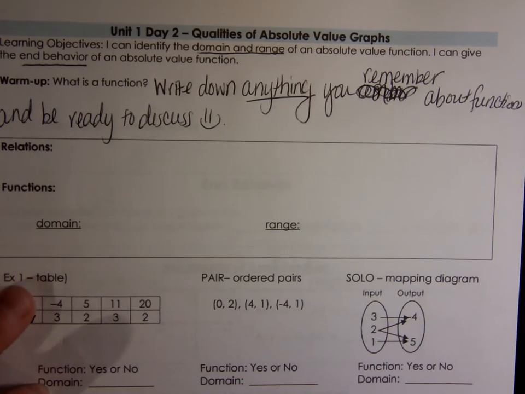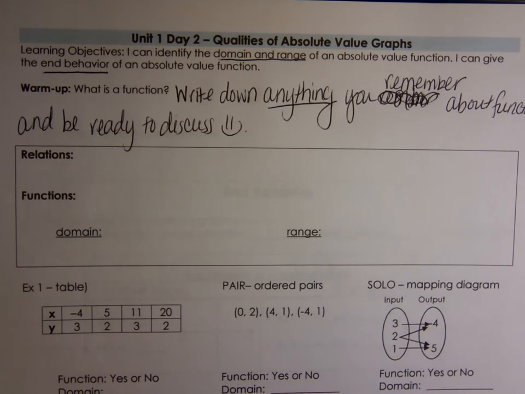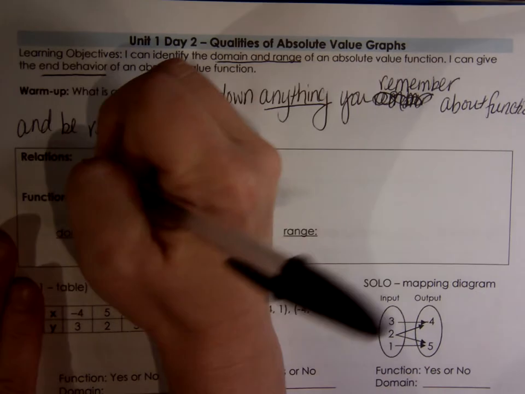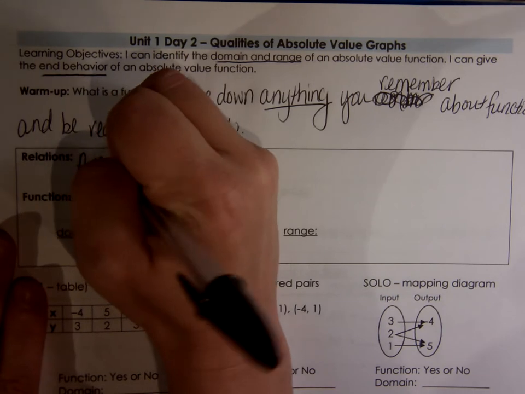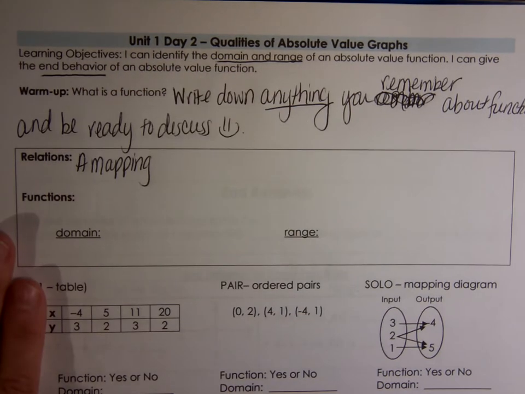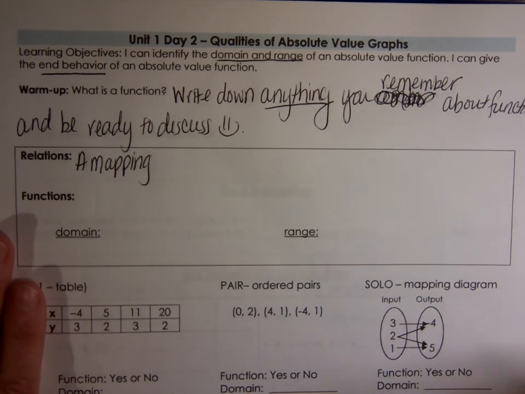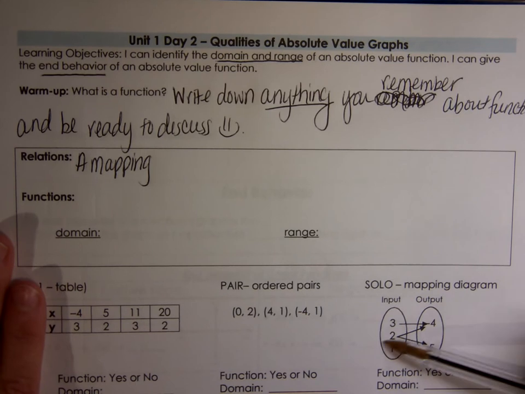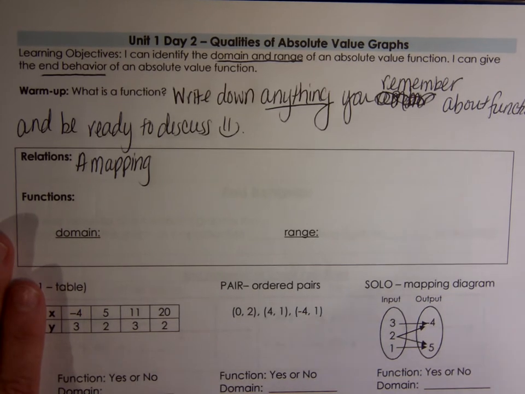All right, so a relation. Relations and functions are related to each other. Now, a relation is simply a mapping. And a mapping can be represented in a table. It can be represented in a graph, ordered pairs. It can be represented with these two ovals where you're seeing it mapped onto one another.